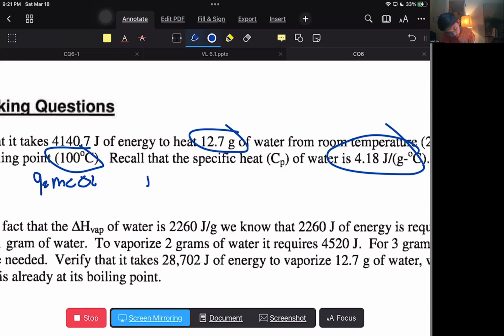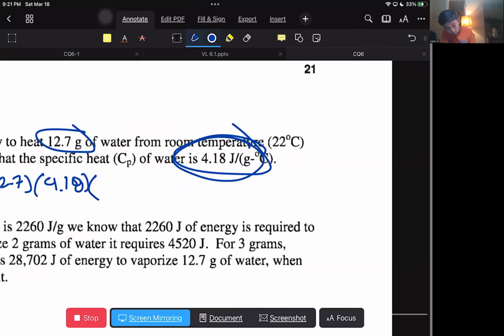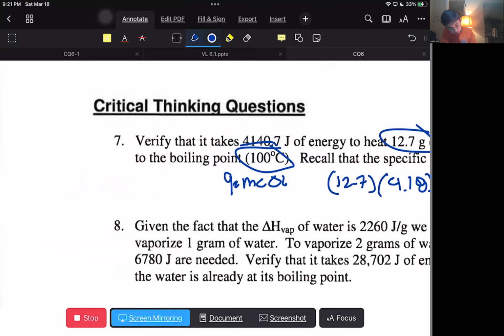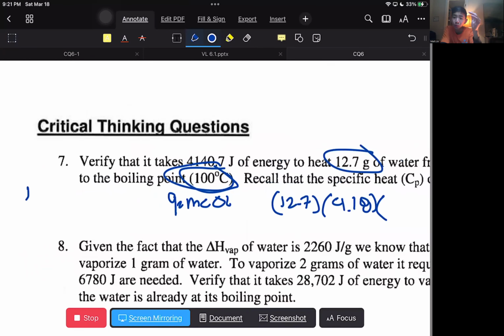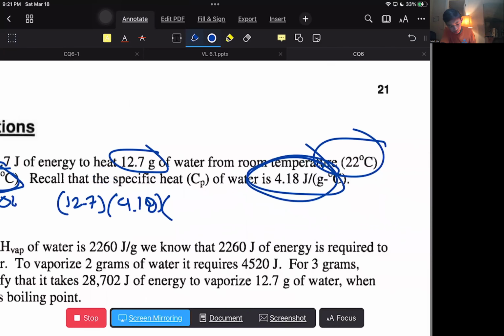So M is 12.7, C is 4.18, and the temperature change is from 22 degrees to 100 degrees. If you take 100 and subtract 22, you get 78.